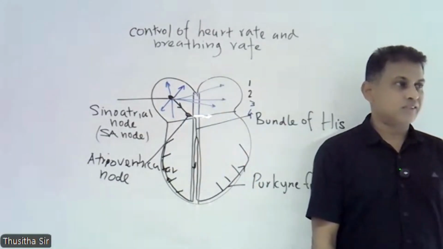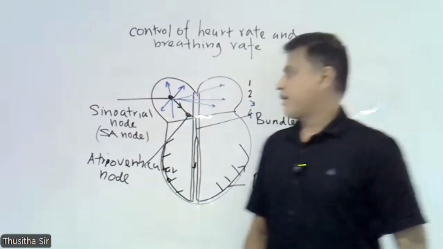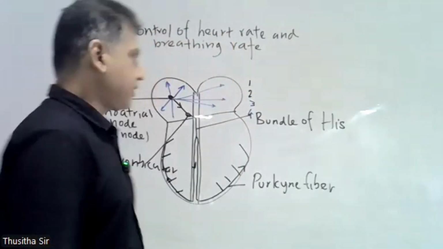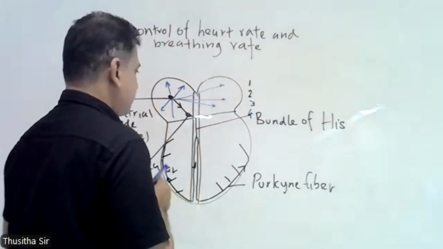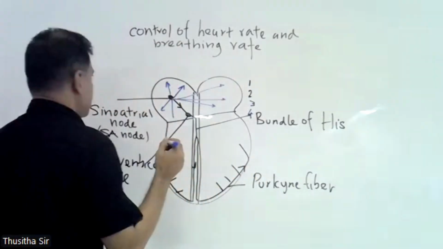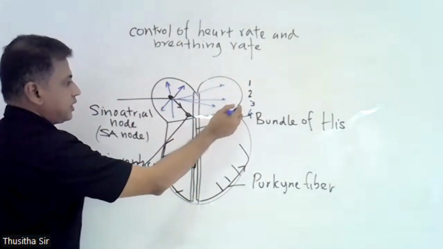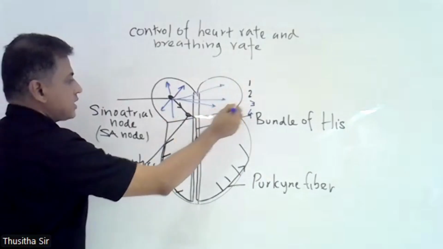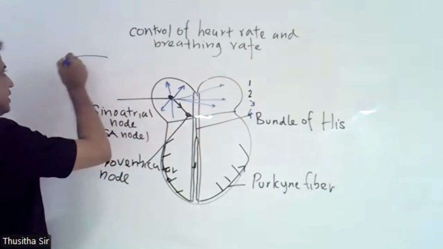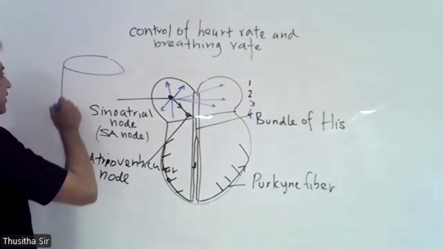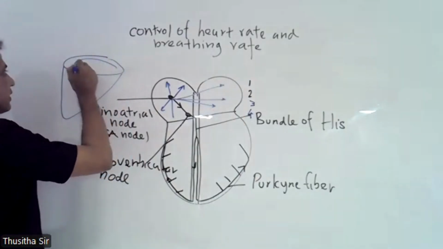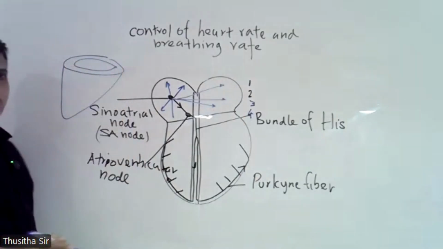Actually, it's not the potential difference. It's because of this. If we cut along this line, we can see the ventricles of the heart, and that's the wall.